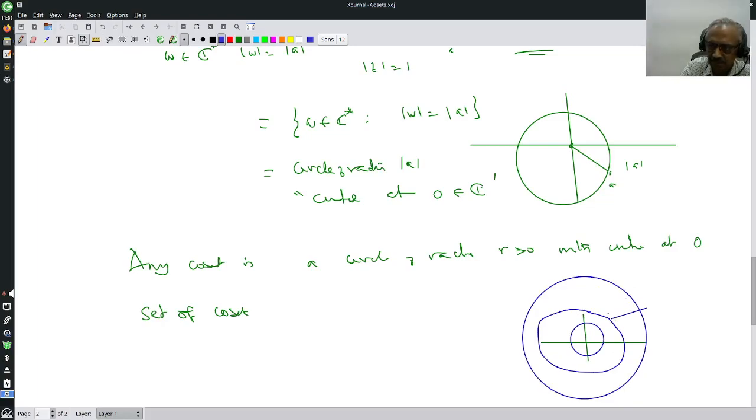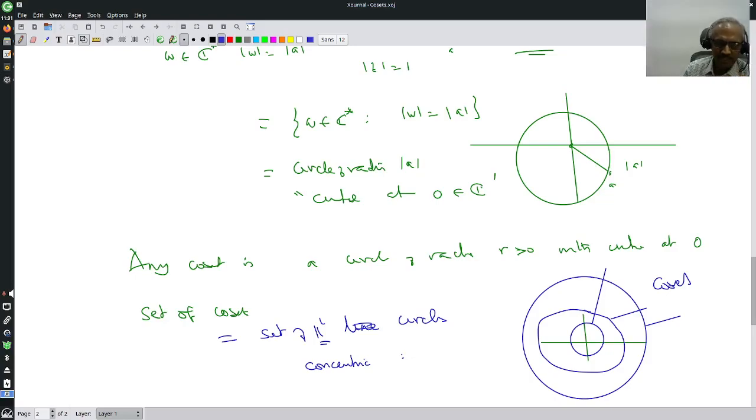So these are the cosets. Cosets are sets of parallel, or what one usually says, concentric circles. So you can see that, again, the geometry is very clear.